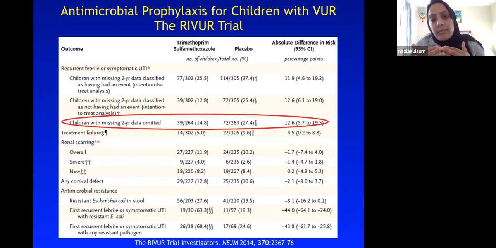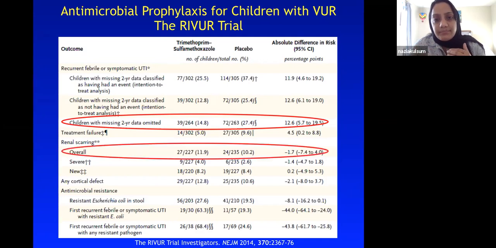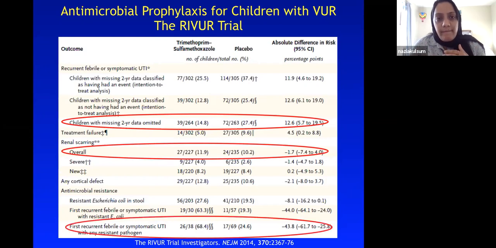But a lot of people have started to now leave low-grade reflux like grade 1 and 2 untreated, as long as they're watching for signs of UTIs. So this is where the renal scarring did not change in these two groups. And basically developing resistant pathogens was more common in the treatment arm.